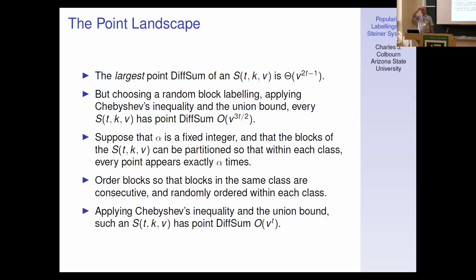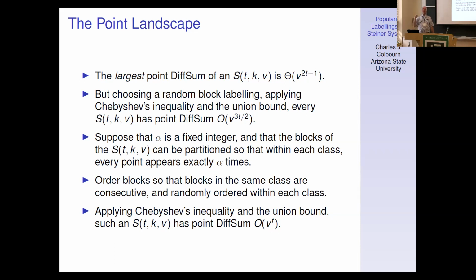And you might say, well, but only a crazy person would do that. So use randomness. If you just choose a random block labeling and you say, I don't know anything about the labeling at all, then using Chebyshev's inequality and the union bound, you can drop that immediately quite substantially from 2t minus 1 in the exponent to 3t over 2.